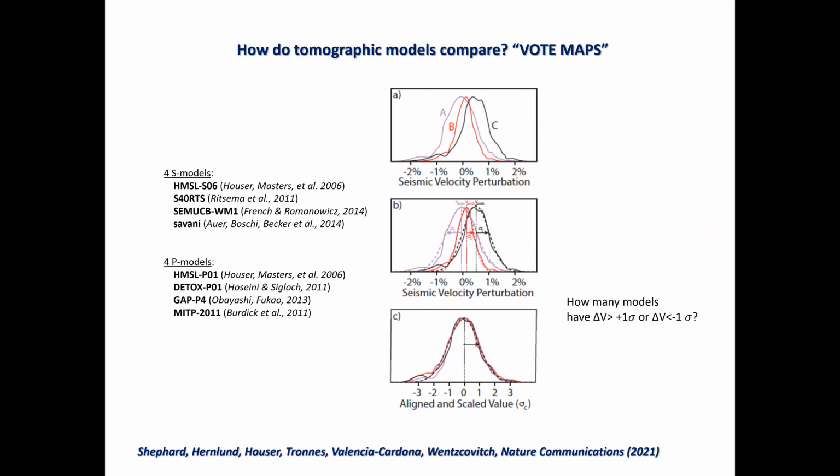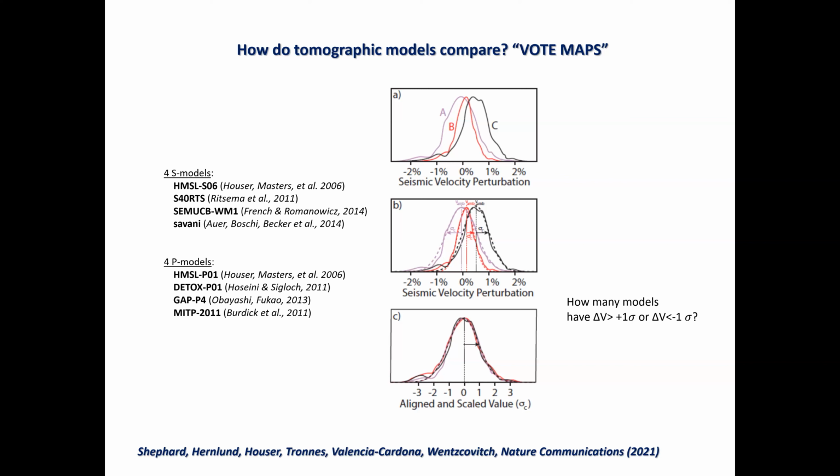So what we really want is to extract the common robust features in these models. And the first thing to do is to normalize these histograms by aligning them, giving them the same average, and normalizing their width.